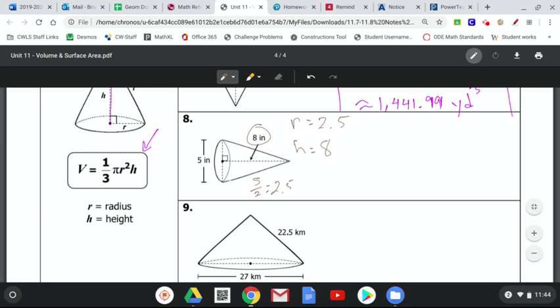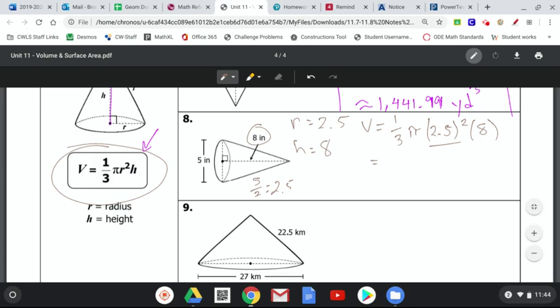So plugging in our volume formula over here, volume equals 1/3 pi times 2.5 squared times our height, which is 8. So in your calculator, do the 2.5 squared first, multiply it by 8, divide it by 3.